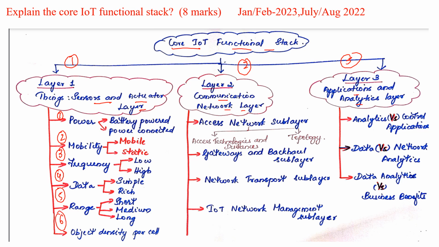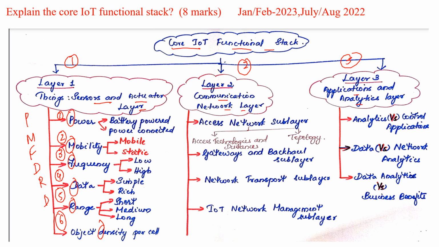What are the 6 parameters? Power, mobility, frequency, data, range and object density. We can take it as P, M, F, D, R, D, so it is easy for you to remember.